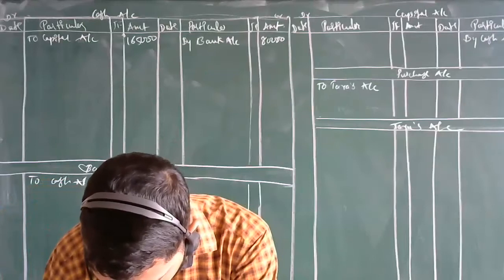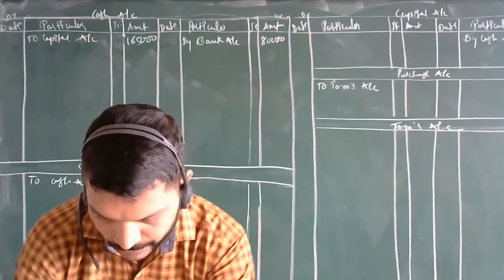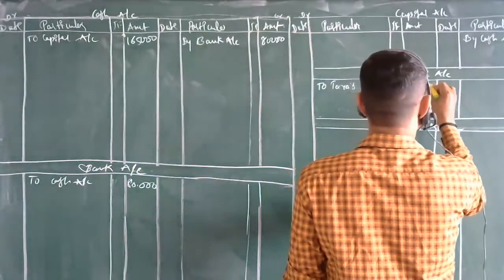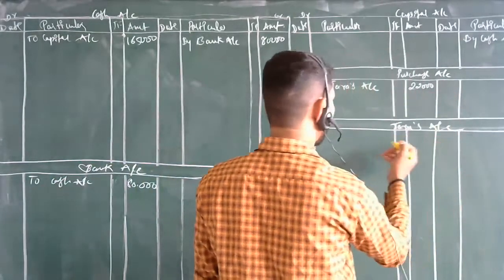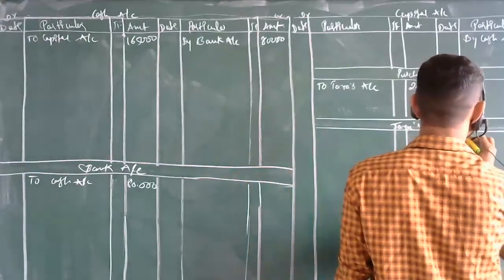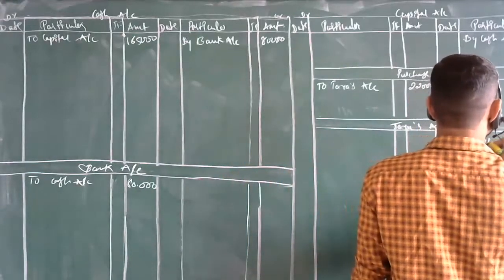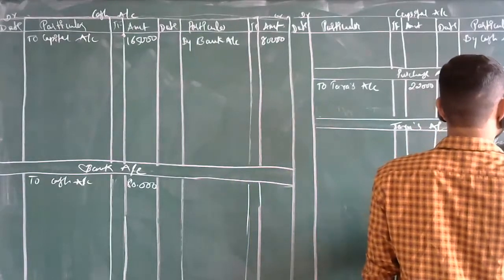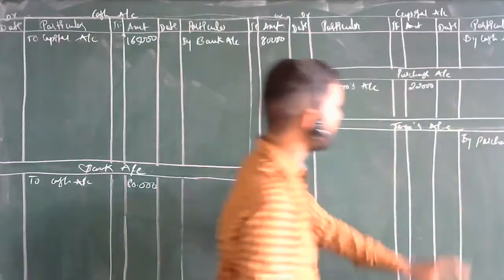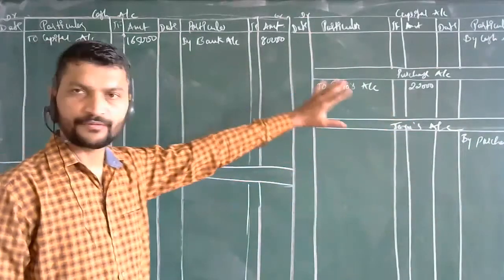Tara's account where I have removed here. Purchase account 22,000. Then as usual Tara's account I have taken over here, it is credited by purchase account 22,000. See how the transactions are affected.